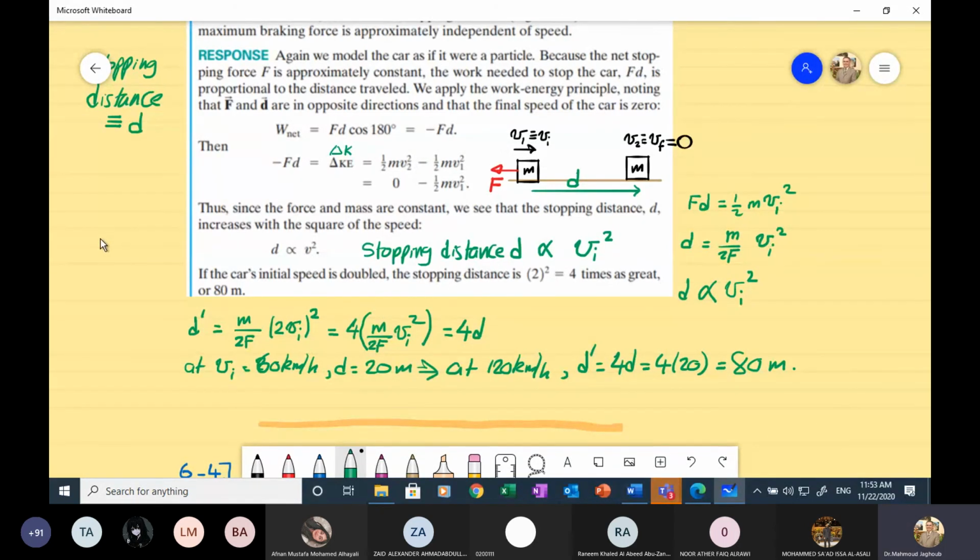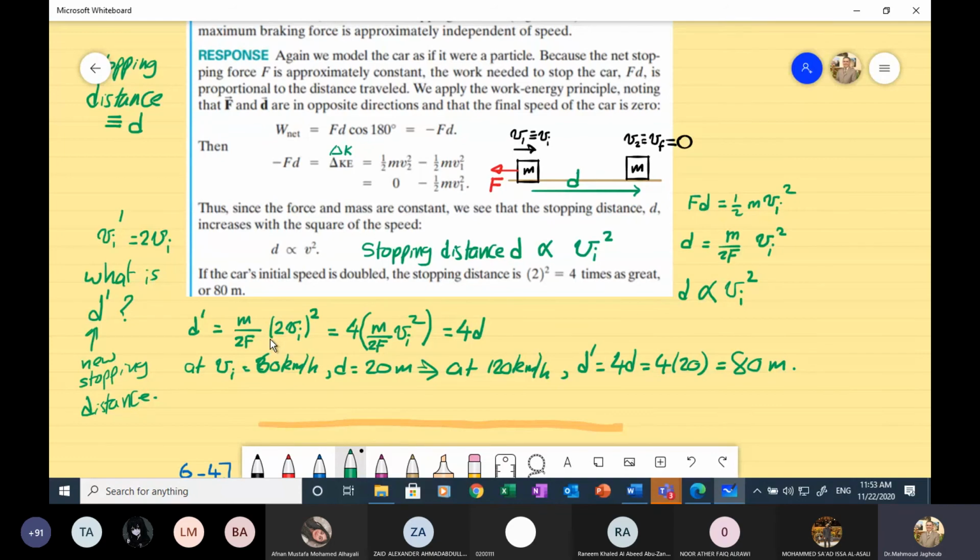In other words, when v initial prime equals 2 v initial, what is d prime? Which is the new stopping distance. Let's calculate it. It's simple. Look at this. d prime using this formula is going to be m over 2F into the velocity squared.